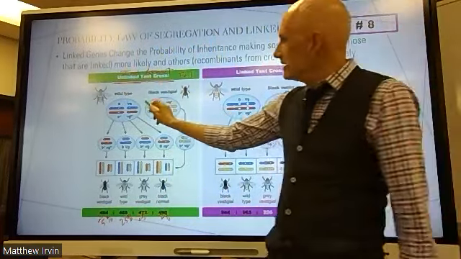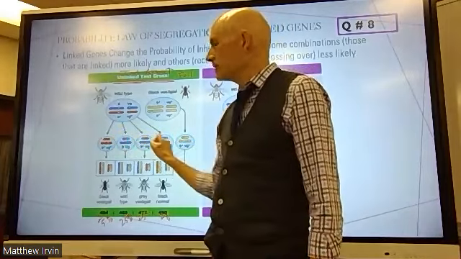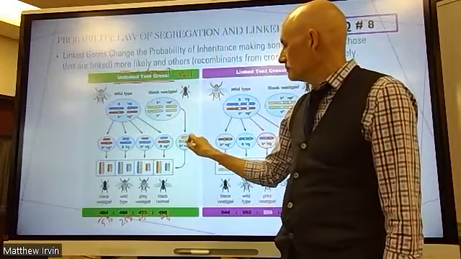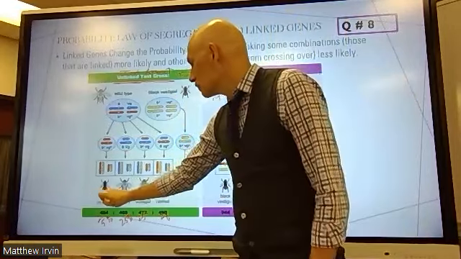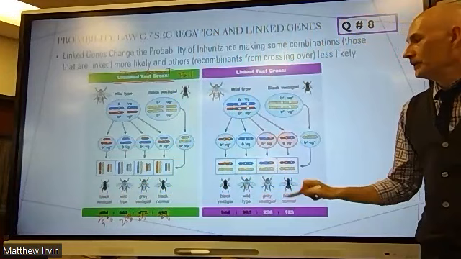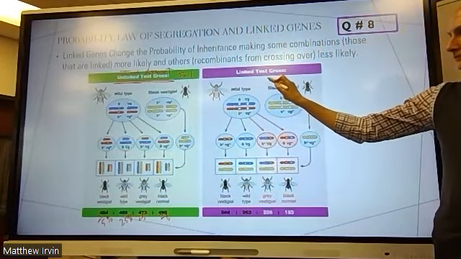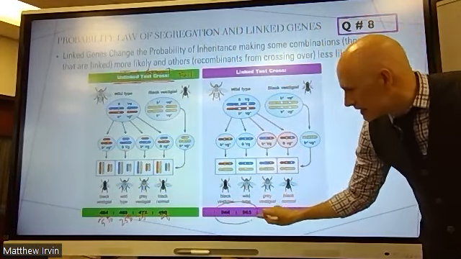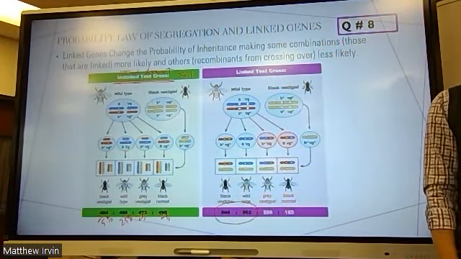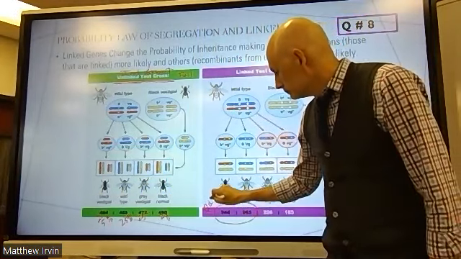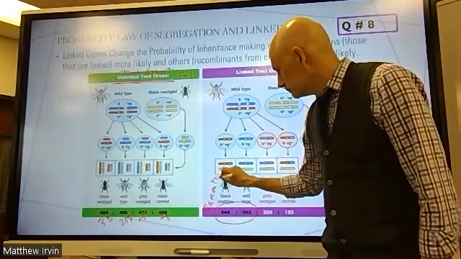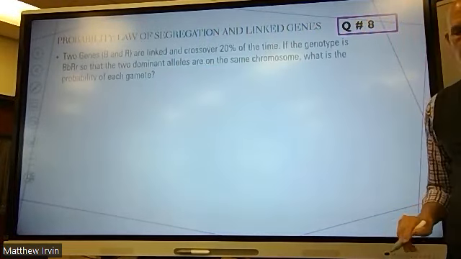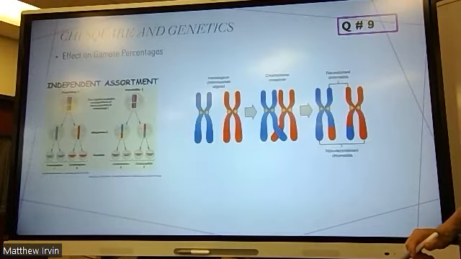Because as these sort and you get those 4 possibilities and they're combined, and then this is only giving you 1, you get these 25%. If we have crossover, what we see down here is a higher percentage of the parental types and a lower percentage of your recombinants.